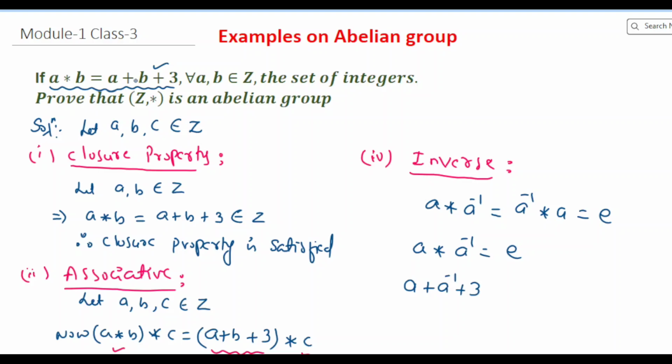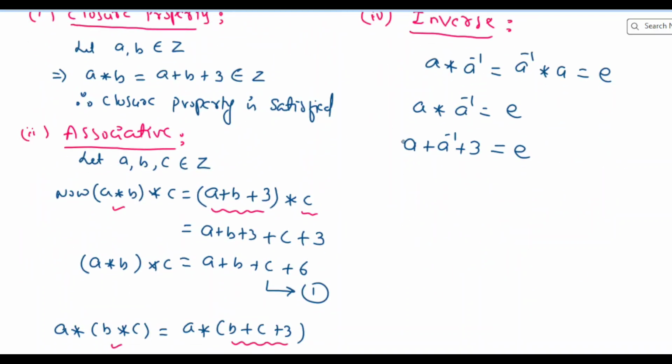So a plus a inverse plus 3 is equal to e. Now you need a inverse, so you can transfer the 3 and a to the RHS. What it becomes? a inverse is equal to e as it is, minus a minus 3.